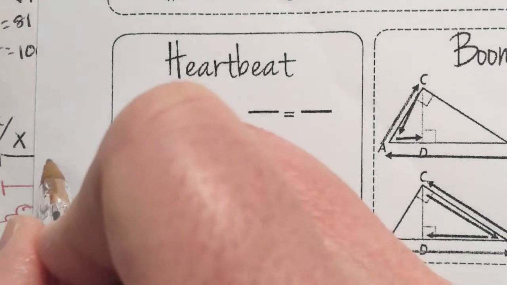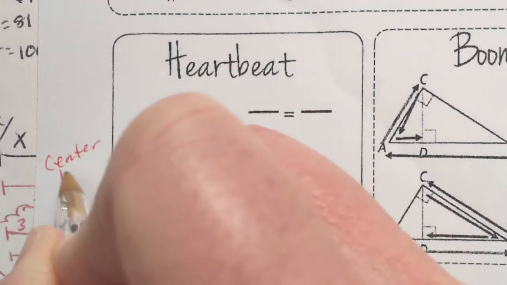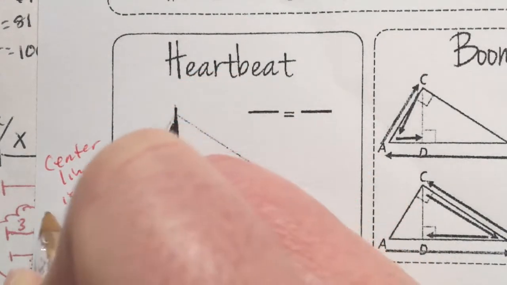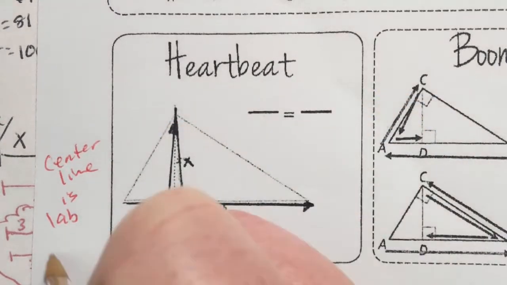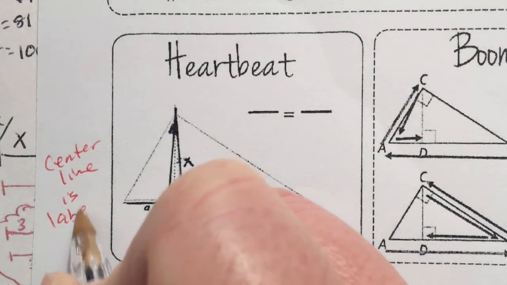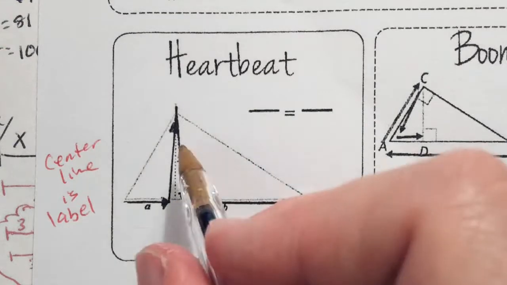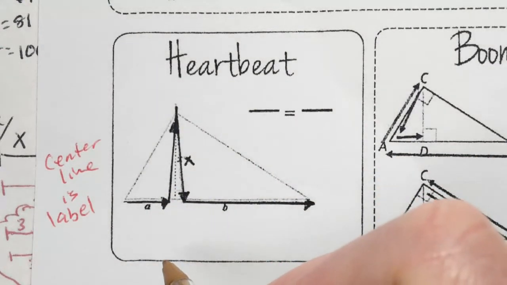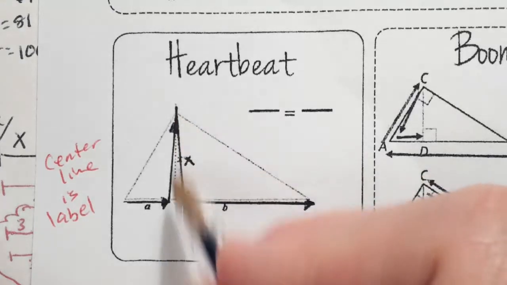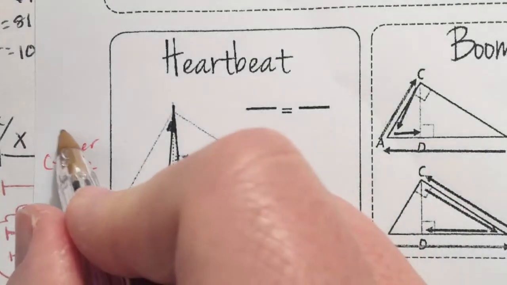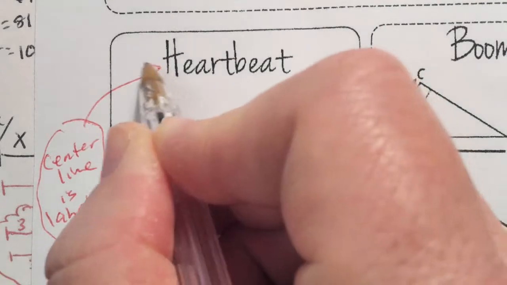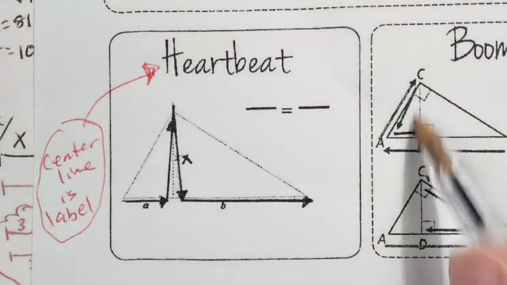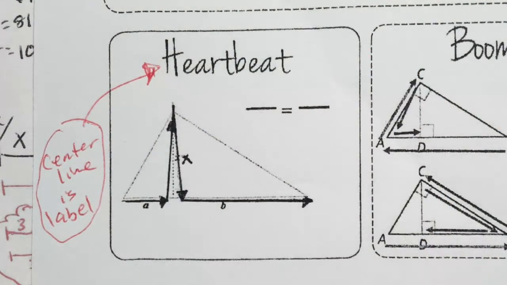If the center line is labeled, not is it X, it's just labeled, if it's labeled at all, you're going to be using heartbeat because your heartbeat is inside. So if the center line is labeled, we're going to be using heartbeat. If the center line is not labeled, you're going to be using boomerang.